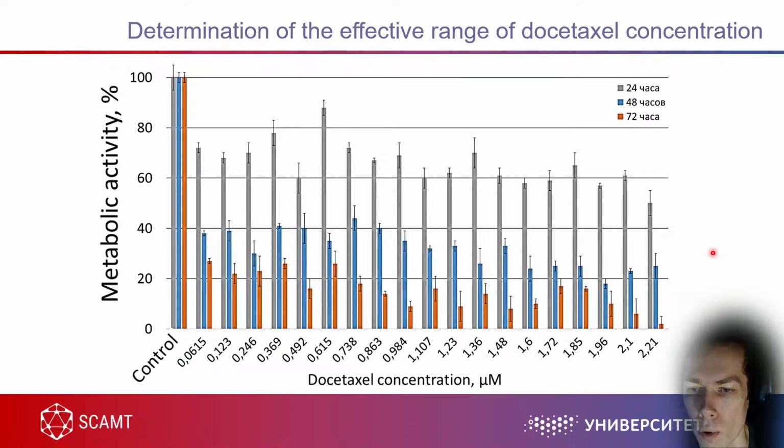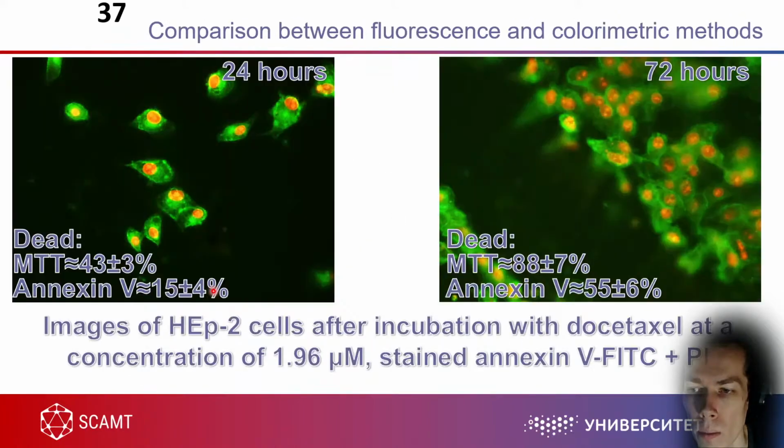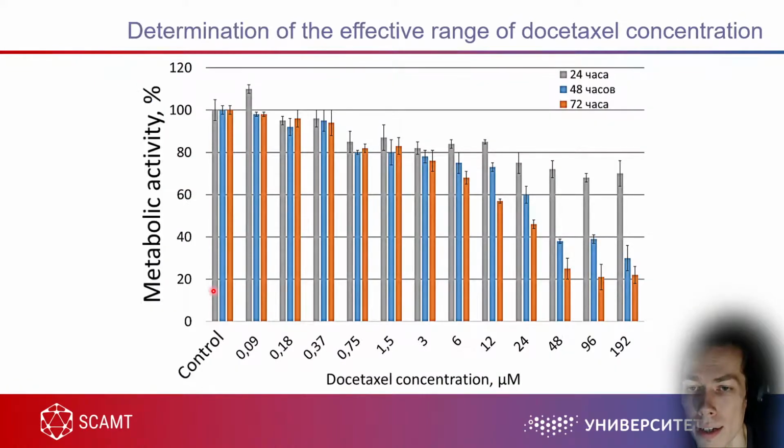And this is very important because, as you can see here, all of these concentrations work quite well. Well, 20% or 80% decrease, so it's very, very high. But we need to find the concentration which is not working. And here again you can see some even more precise data.